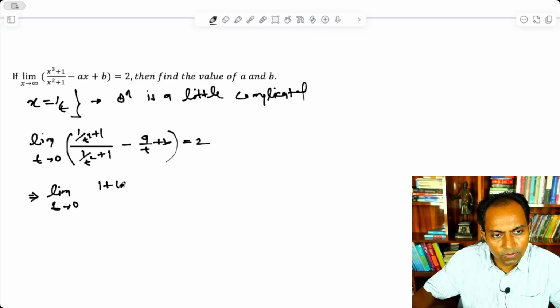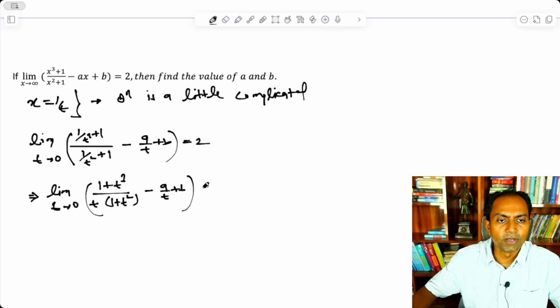After LCM, it becomes 1 plus t cube, t square will get cancelled out to t plus 1 plus t square minus a by t plus b. Now you can see that it is something like infinity minus infinity form if you put the limit. So it will make sense.